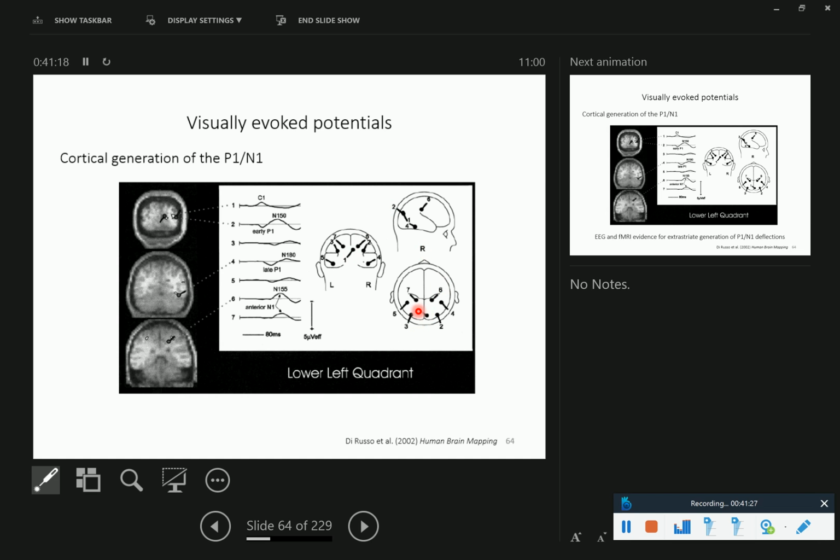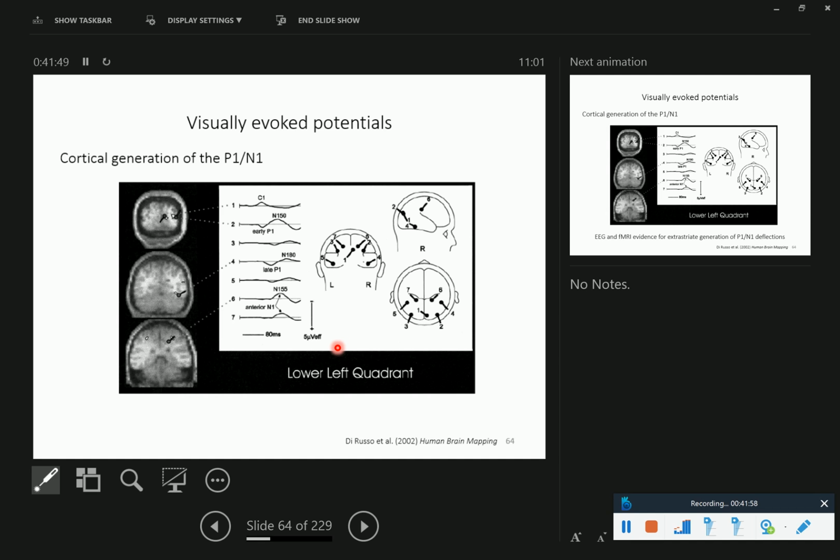We will go over this source localization and dipole modeling later in the course, but for the moment you can think that you can try to explain the data that you see on a scalp using simulated dipoles that you put into a brain, and then basically simulate how the EEG response would look. This uses this dipolar modeling approach and, of course, EEG data to figure out what's actually going on.